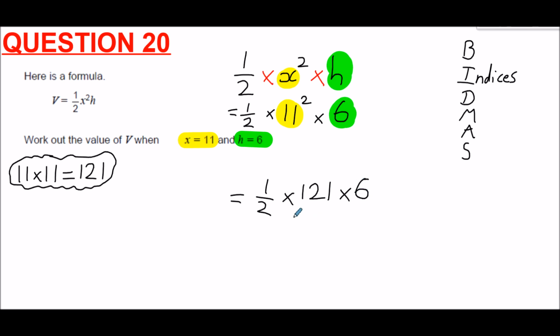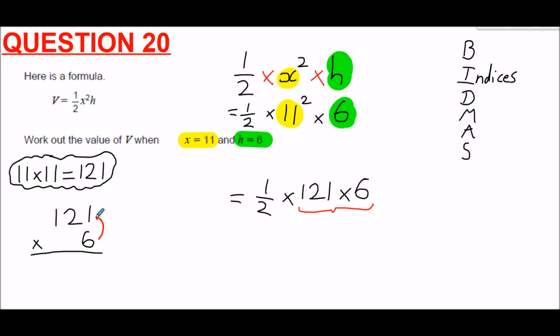Now what I'm suggesting we do first of all is the 121 multiplied by 6 part. So doing it this way, any method will do as long as we get the correct answer and you're comfortable in the method, which works.